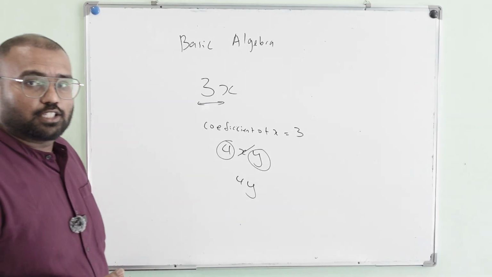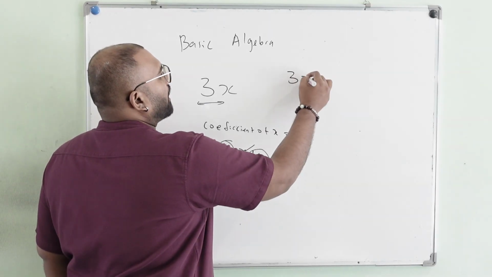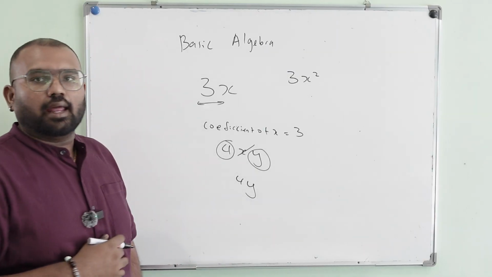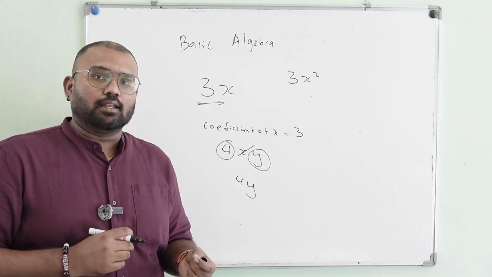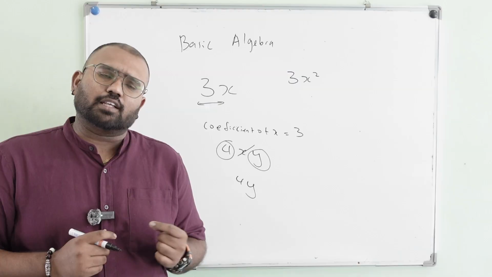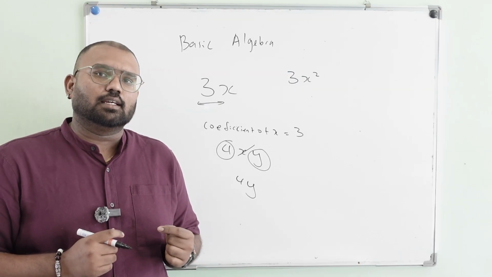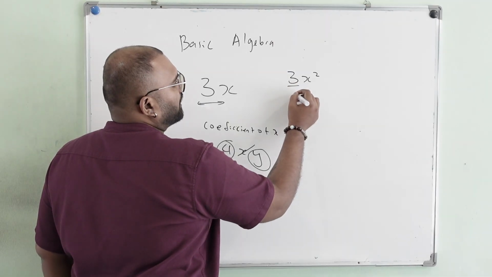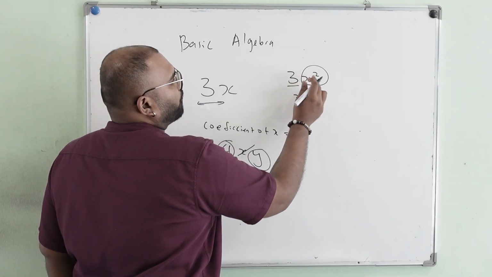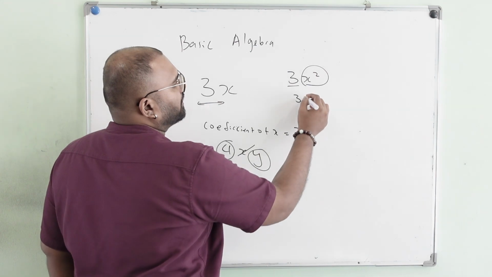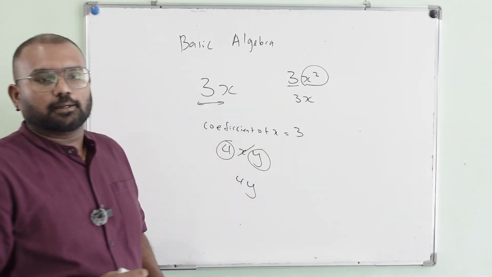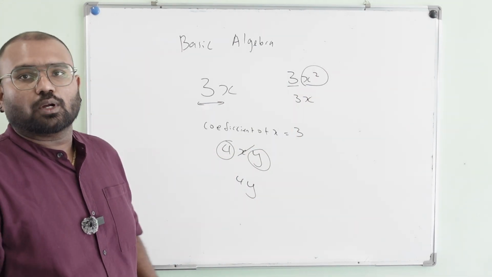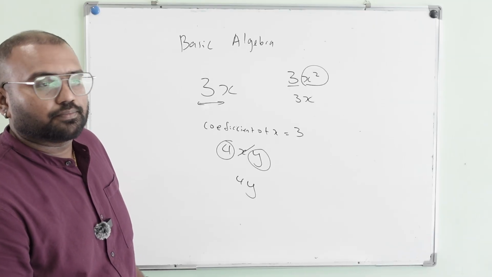If the question is 3x square and it says coefficient of x again, when it says coefficient of x, it only needs x there. Right? So we take only 1x. Here there is 3, here there is 2x. From 2x only 1x we are taking. So the balance x is here. Okay, so this is what we call coefficient of x.